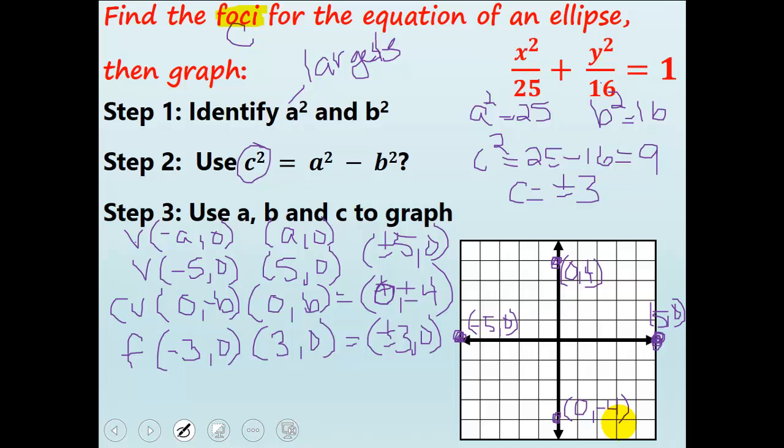And then my foci are going to be -3, 0 and positive 3, 0. These two are always on the inside. The foci are always on the inside of my ellipse. So now I just connect it like that, and I know it's crumbly, but that's the best I can do on this kind of device.